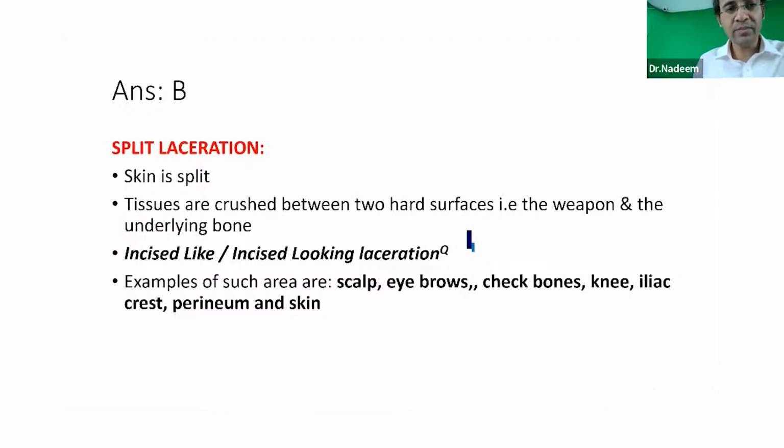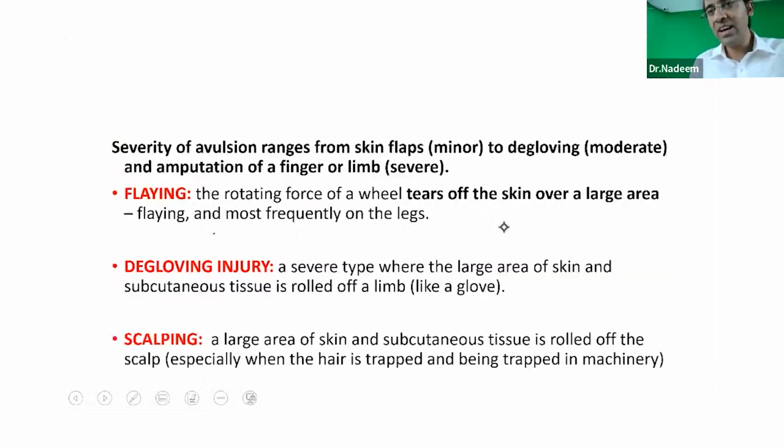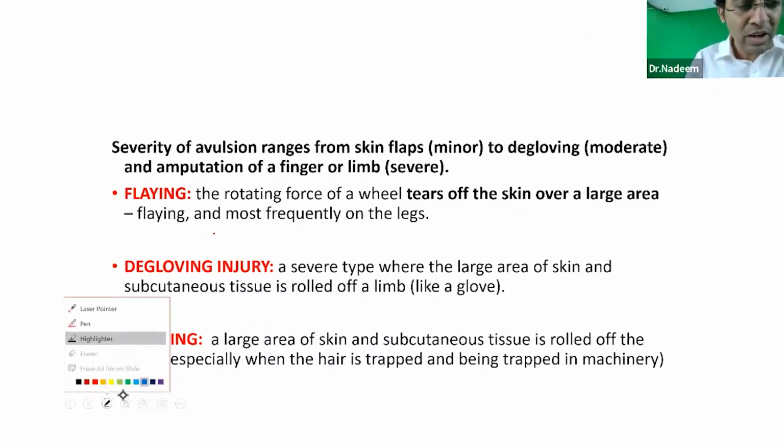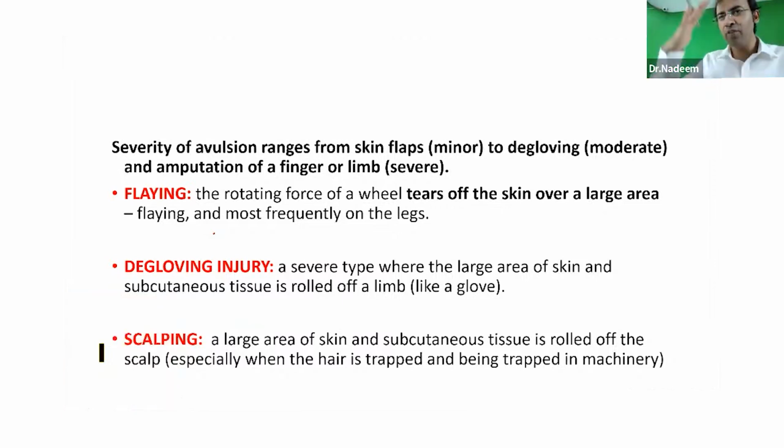Okay, next. Now see here, there are different types of laceration. One we have learned, that was split laceration. Now, if there is a shearing force at higher level of energy, whenever a part of the body gets detached, if only skin gets detached, it is called flaying.